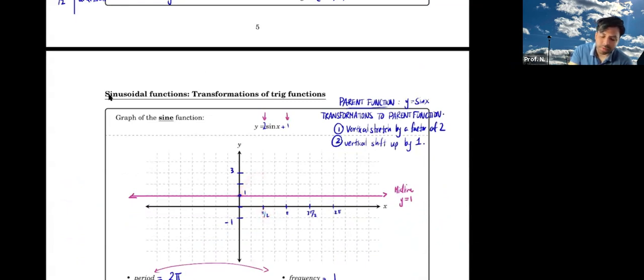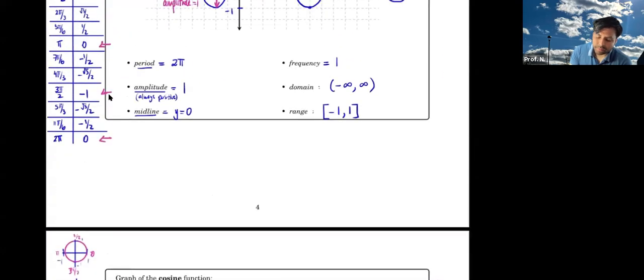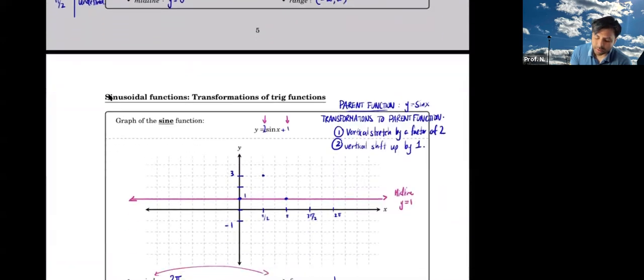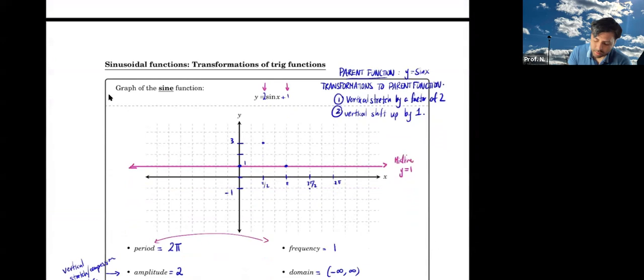I reach a maximum of 3 here. And then at pi, I get back to my midline. At 3 pi over 2, I'm at a minimum, right? My minimum here is the smallest y value that I can possibly be. And then finally, I get back to 2 pi. So this is my graph. This is my sine curve. Wonderful, complete sine curve. And of course, this continues on.